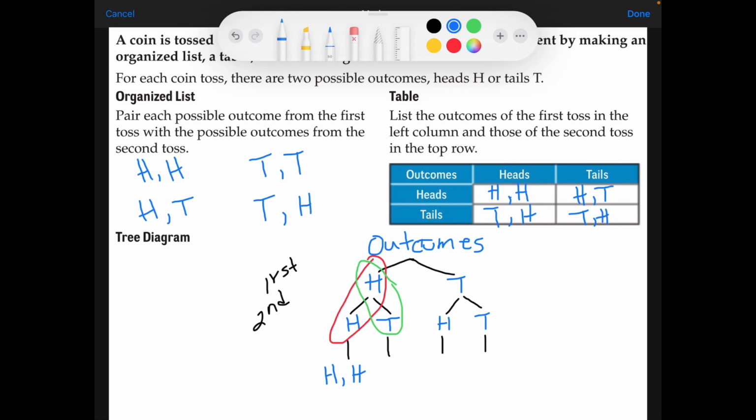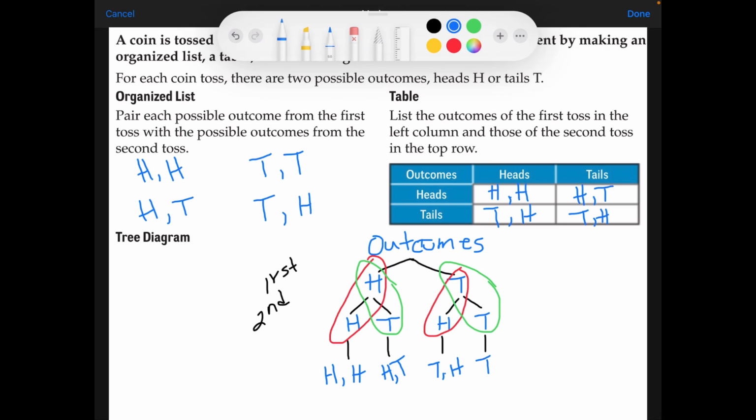This can get kind of dicey when we have more than two tries. Again, we could have tails and then a heads. And we're just repeating the same thing we've been talking about, how we've got four possibilities.